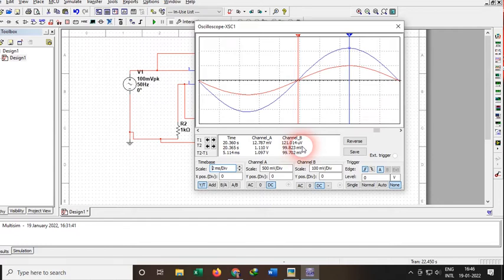Now there is one more thing I want to tell you, this T2 minus T1. It shows the difference between the horizontal axis time of this cursor and this cursor. So if you want to know the difference between this point and this point, you can easily know it with the help of T2 minus T1.